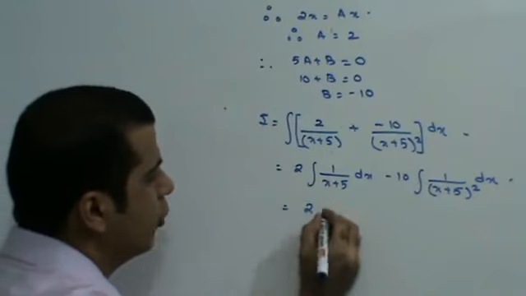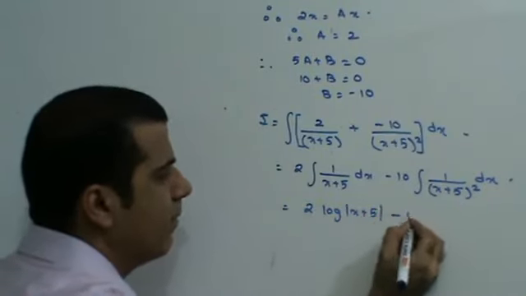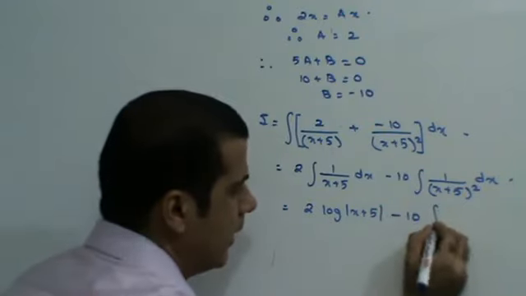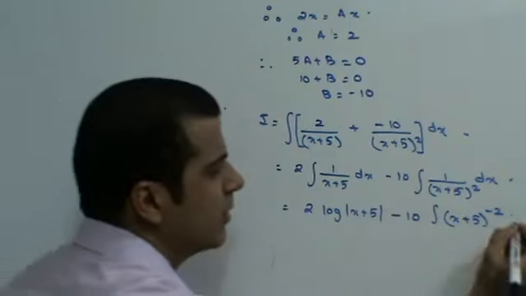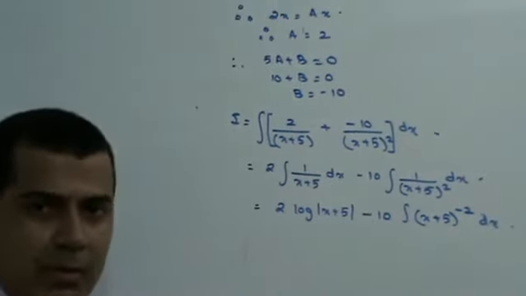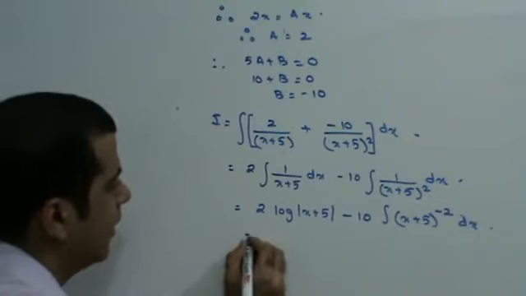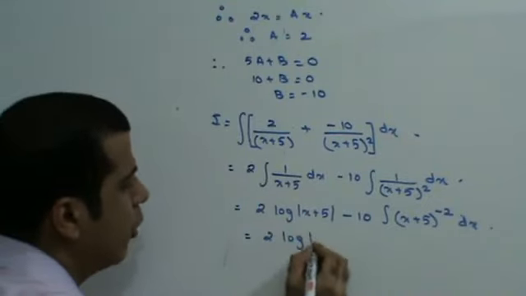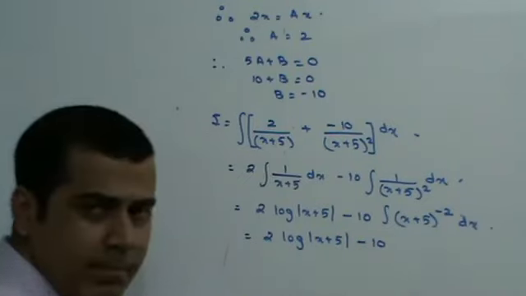This is 2 log mod x plus 5 minus 10 integral of (x plus 5) raised to minus 2 with respect to x. I am converting the positive indice to negative by taking it in the numerator.